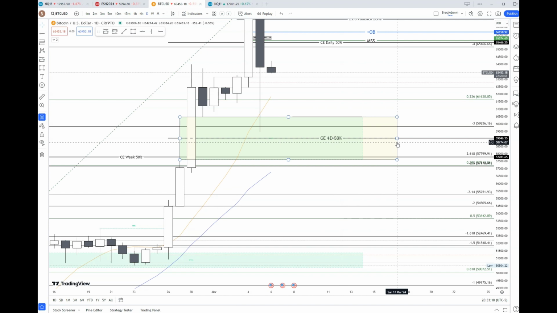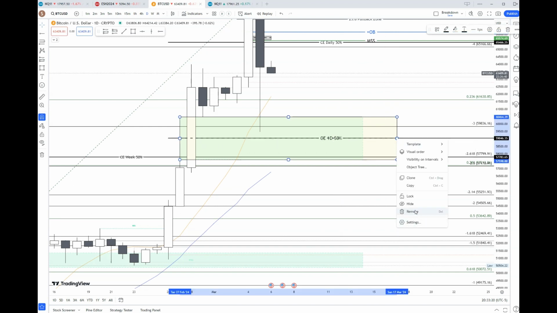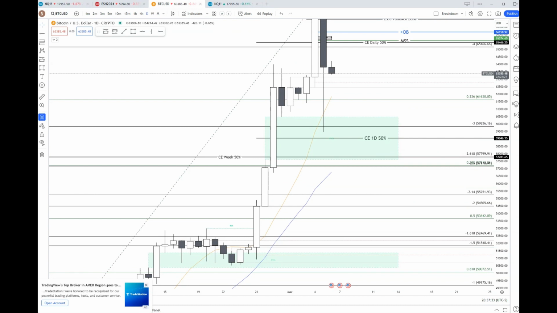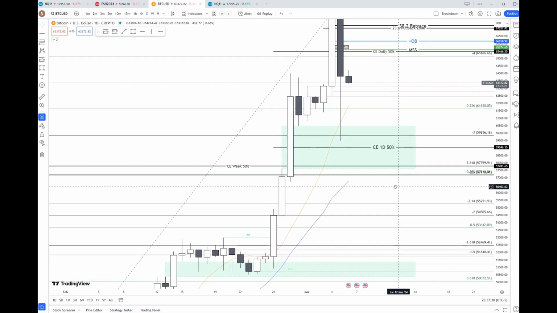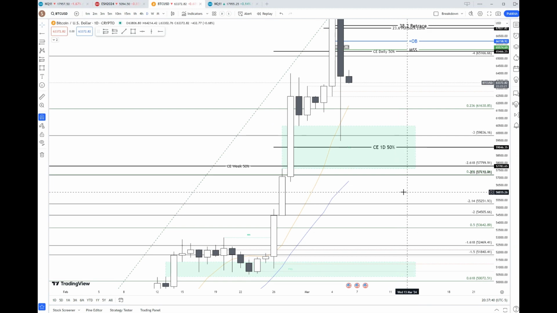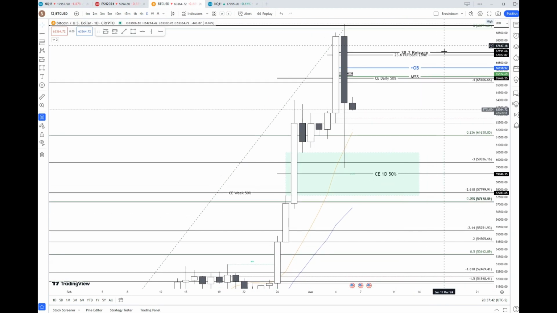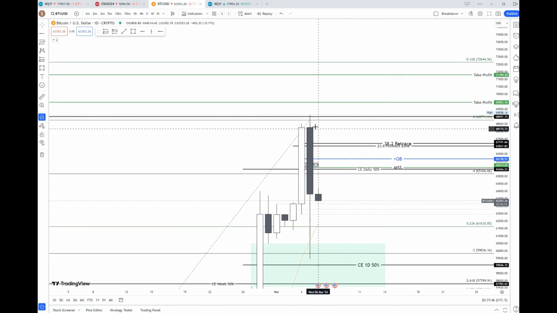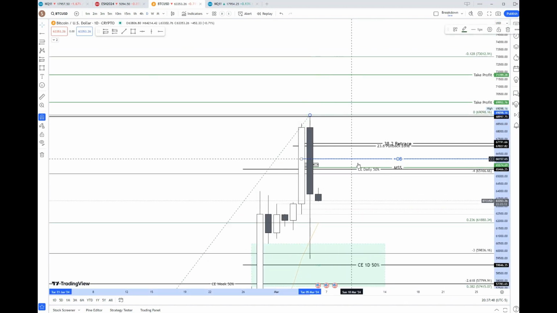Got that marked out there. Delete that. So what I'm going to do is, since we already have our higher zones marked out, actually I can adjust this top there.